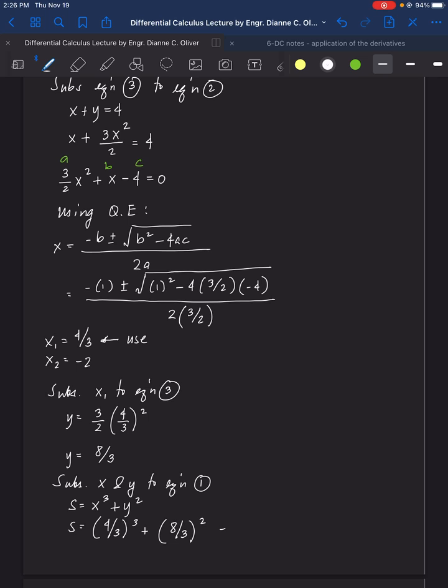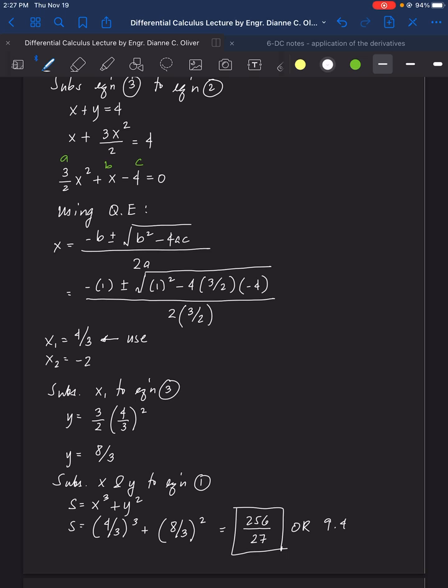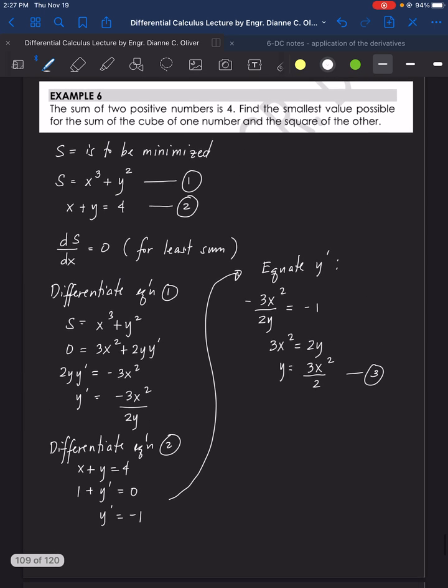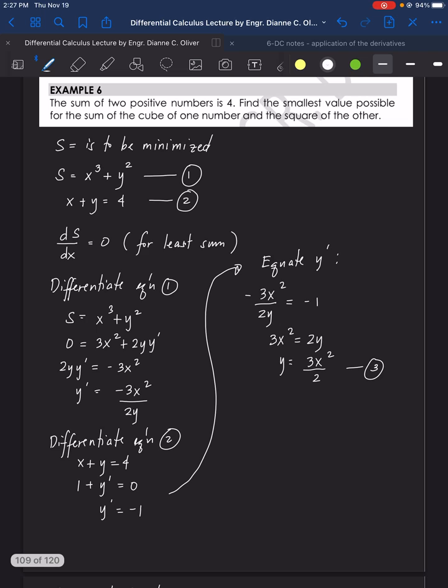And the value for this is 256 over 27. So we can have that answer, or if you want a decimal, 9.48. So that's what the problem is looking for. So that's example number 6.